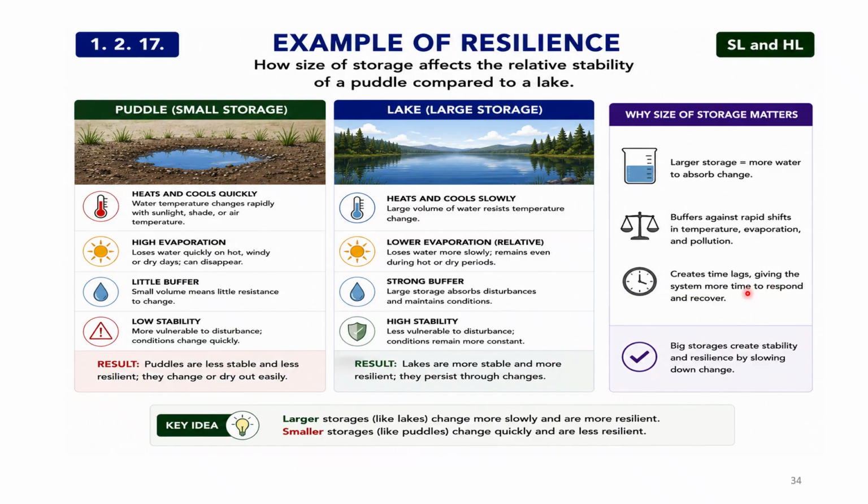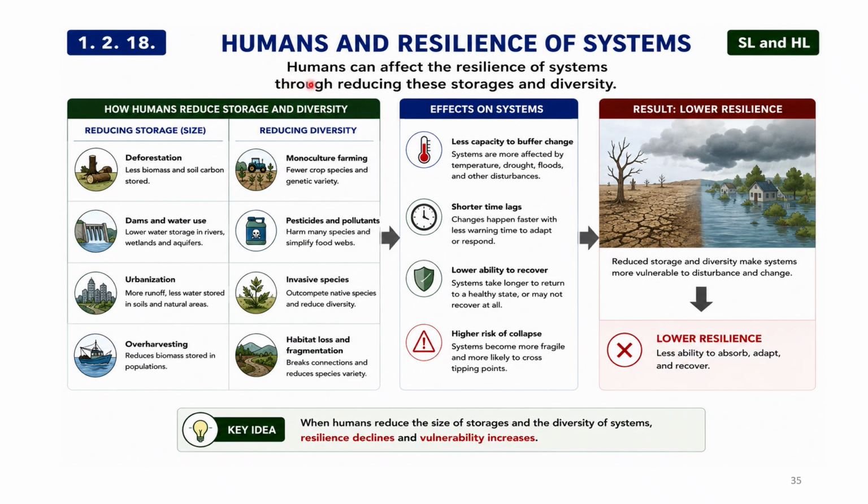Consequently, large storages promote greater stability and resilience, whereas small storages respond rapidly and are much more vulnerable to environmental change. Now, consider how human activities influence the resilience of environmental systems.